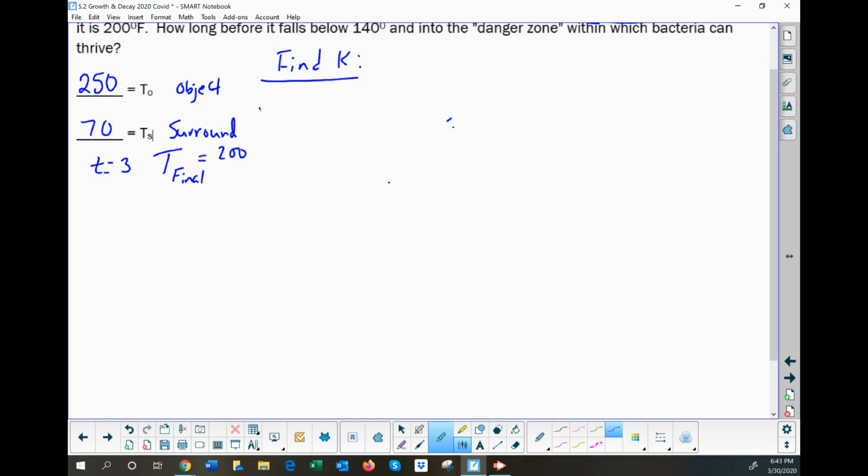Alrighty, so I had temperature final equals temperature of the surrounding plus temperature of the object minus temperature of the surrounding, that temperature differential, e to the kt. Filling in those things we know, the temperature final comes down to 200 degrees.